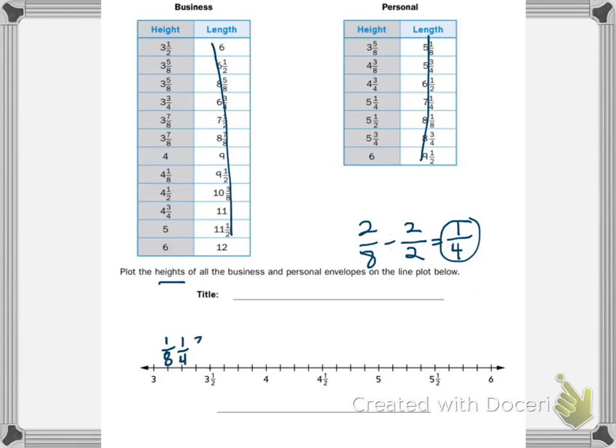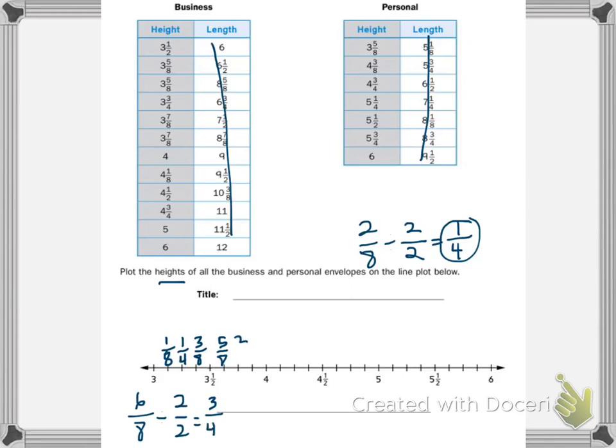Then after 2/8 is 3/8. After 3/8 is 4/8, which happens to be a half. Next one would be 5/8. Then we'd have 6/8. Well, let's think about what 6/8 would be. 6 divided by 2 is 3. 8 divided by 2 is 4.